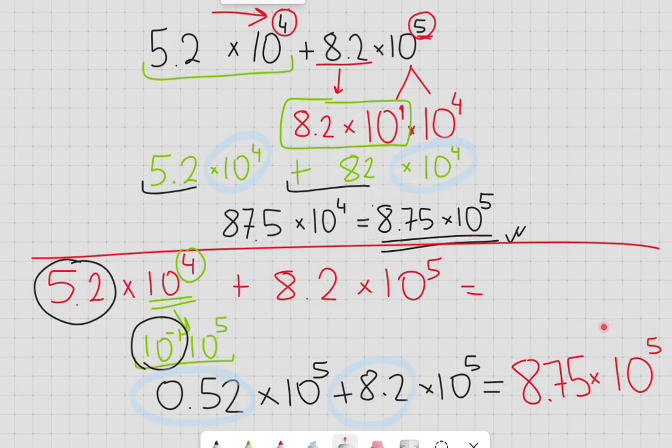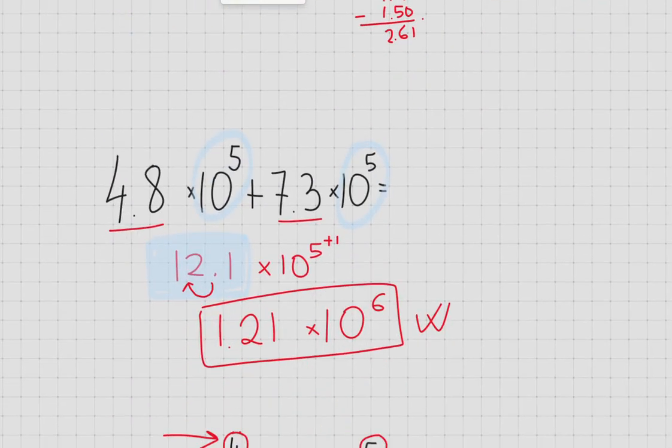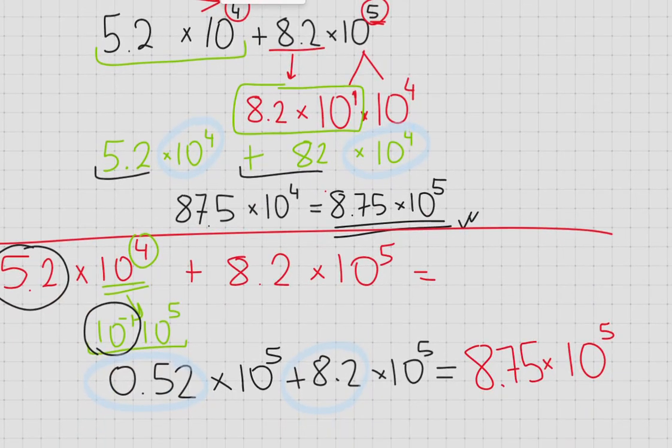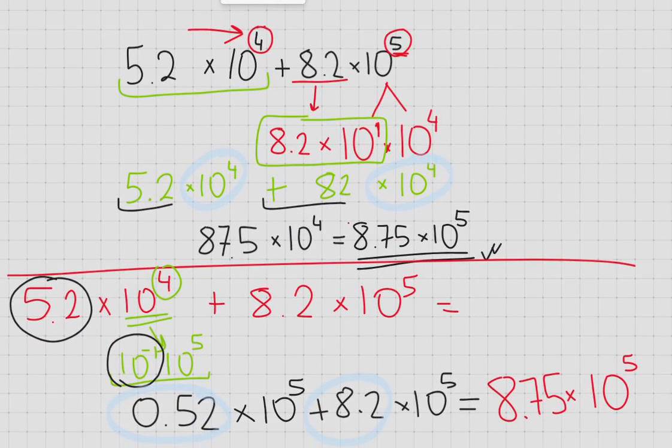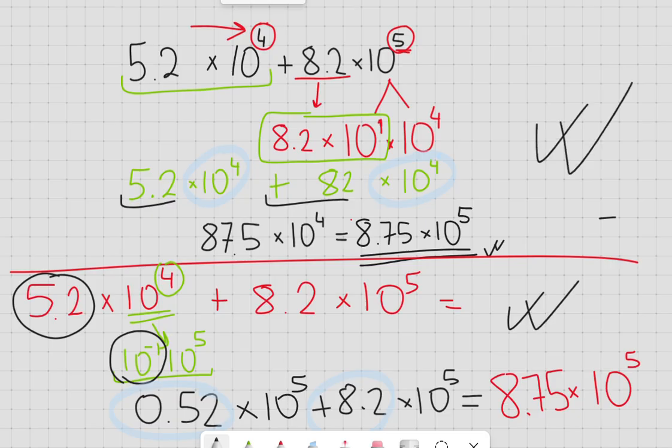So guys, in order to add two numbers or to subtract two numbers that are in scientific form, if they have the same base, we practiced it, it is super easy. If they do not have the same base, then you have to do something to fix either the first one here or the second one here, so that they have the same base and then we just add them or subtract them.